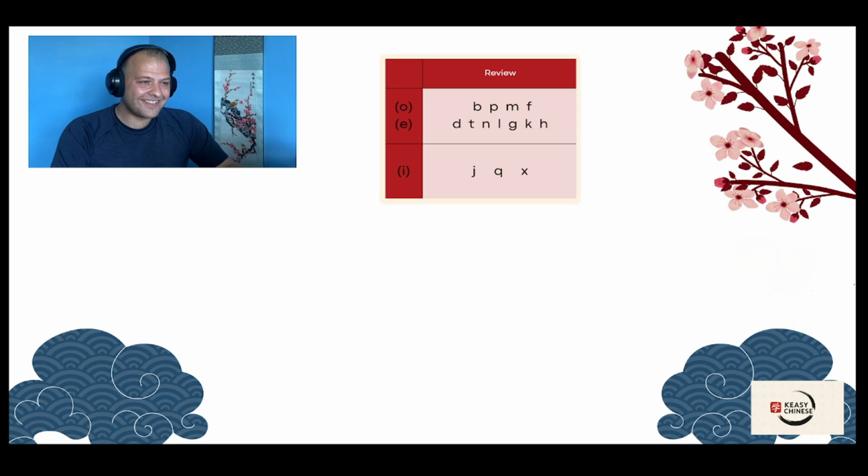The second row. Are you ready? De, te, ne, le, ge, ke, he. And the last three, the more tricky ones from last class. If you remember, Cheesy, Wallace and Gromit, cheeks are really wide with the e, ji, qi, xi.